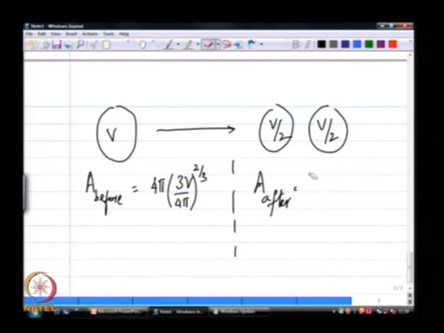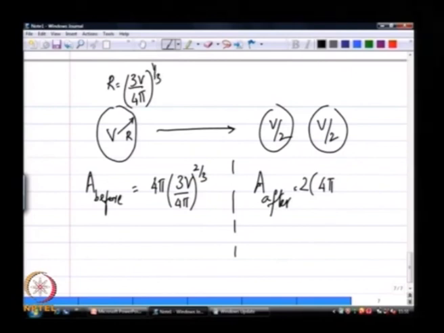So, in this particular instance I have 2 drops, each one having 4 pi r squared, but that r is different from the r in this case. It is 3 V over 4 pi raised to the power 1/3. R in this case would be based on the volume being V over 2, not V. Okay. So, that is the only difference. If I replace this V with V over 2, I get 3 V over 8 pi raised to the power 2/3.